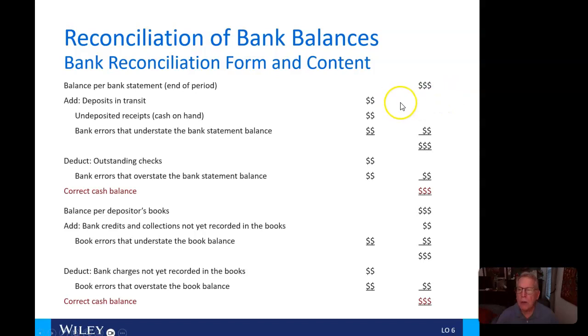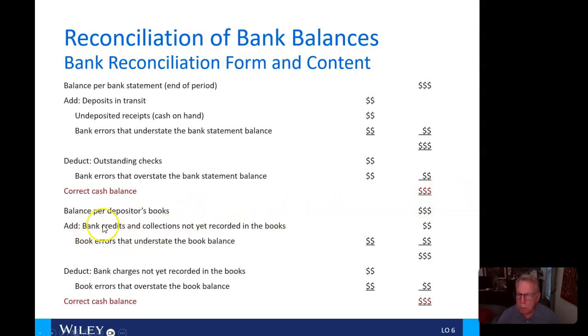All right. So balance per the bank here, per the bank statement. Now we're going to add the deposits in transit. We're going to have any undeposited receipts, cash on hand. The bank errors that understate the bank balance, we'll put there, and that's going to be our balance per the bank adjusted. Then we're going to subtract out our outstanding checks, any bank errors that overstate the bank balance, and finally that will be our corrected balance per the bank.